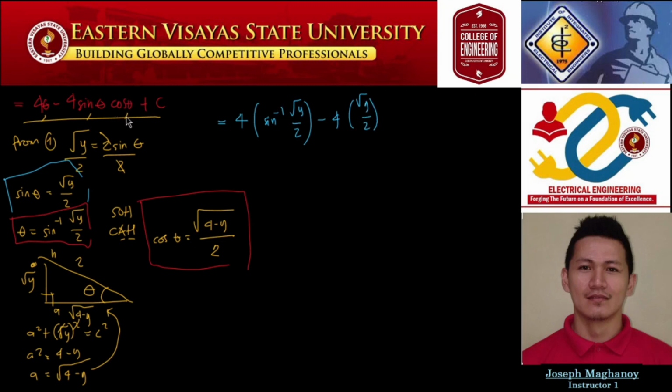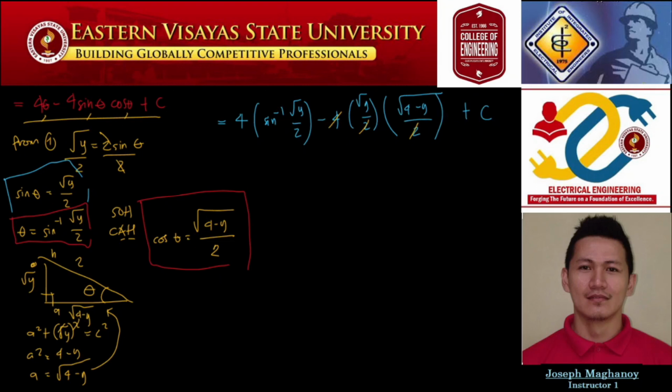And your cosine theta, what is the value of your cosine theta? That is square root of 4 minus y over 2. Oh, you have a constant c. Okay, we further simplify. Can we cancel something here? Okay, none. At the other side, they have a common of 2. 4, 1, 2. Okay, it's all gone.